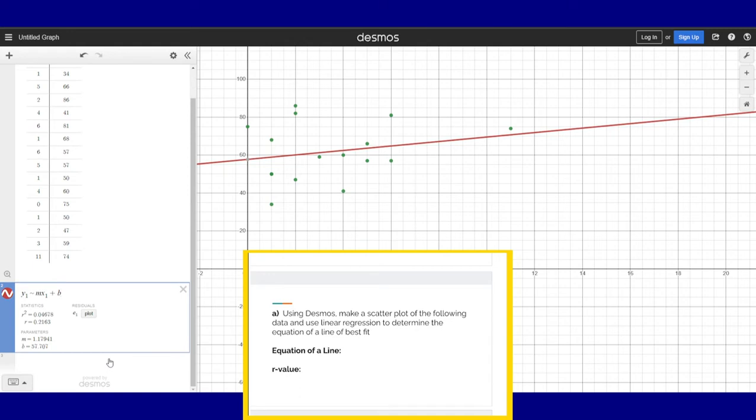So for our equation of a line, we would get y equals m, which we're told right here is 1.18, we'll say. Actually, let me use a different color. 1.18x, and then the b value is right below, so plus 57.7.